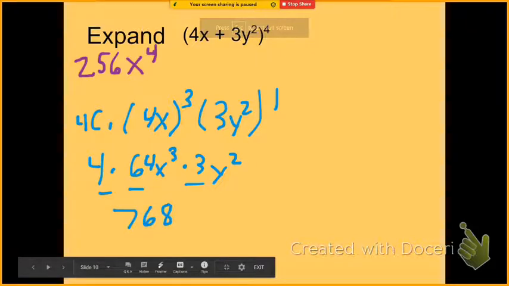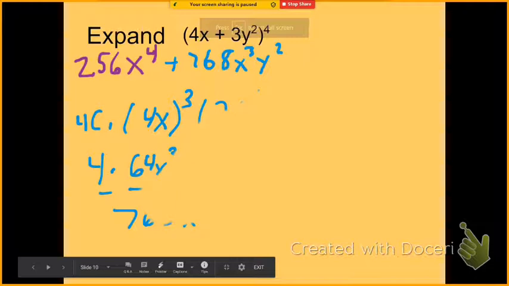And then we get x³y². So notice how the x exponents are going down by 1, but the y exponents, you could think of this as y to the 0 power, are going up by 2 because of the y² term right there. Alright, so let's try the next one.